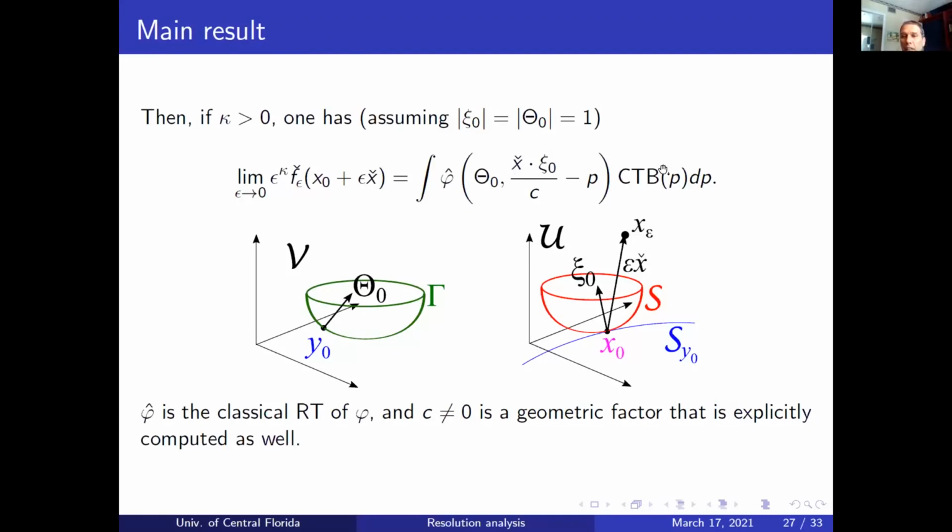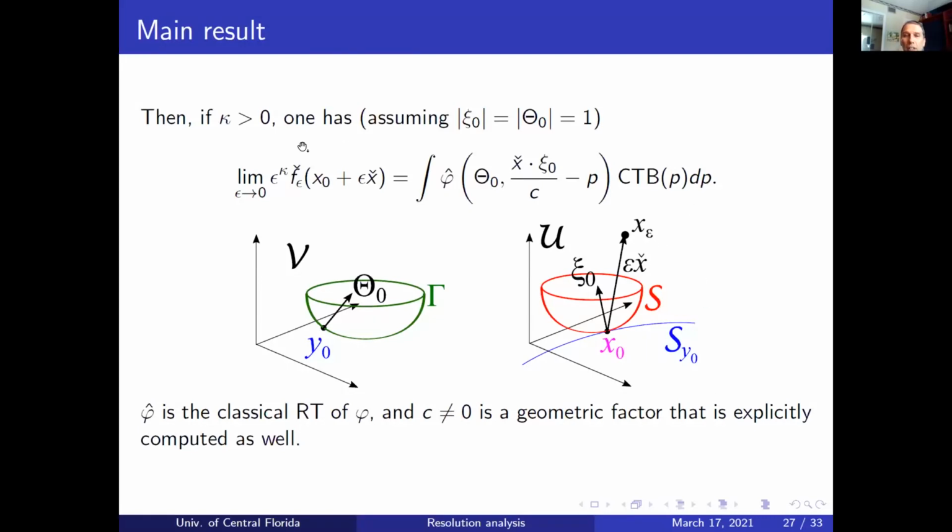You take the continuous transition behavior and convolve it with the classical Radon transform of the interpolation kernel. And this classical Radon transform is scaled by the factor C, which is explicitly computed as well. I'll talk about it on the next slide.